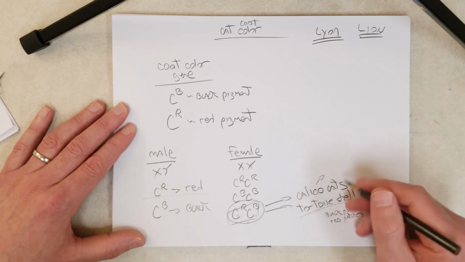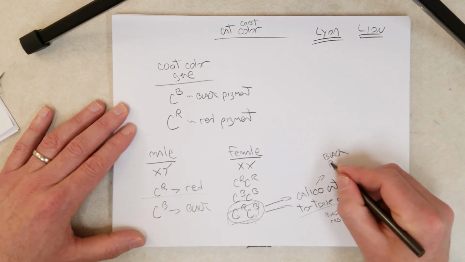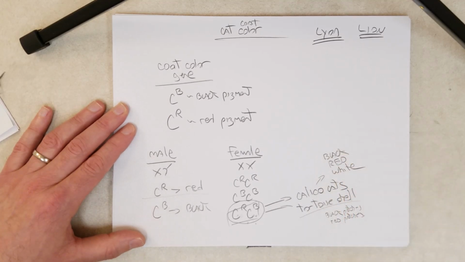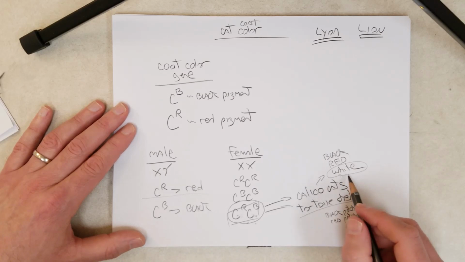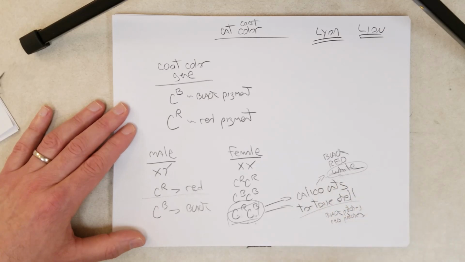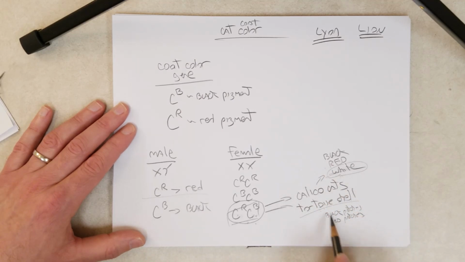Calico cats, however, have large patches of black or red or white. Now the white is caused by another gene, so we don't have to worry too much about that, but that's where those white patches are coming from. And the size of the patches, the fact that they're large in calico and small in tortoiseshell, is due to another gene. It's not due to the coat color gene.